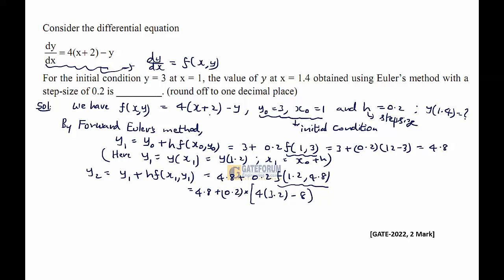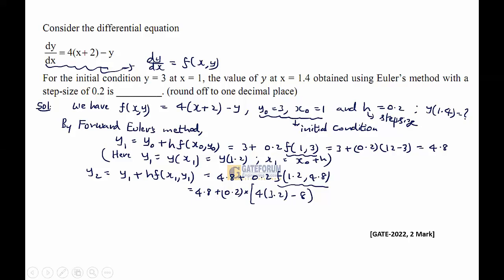4 into x plus 2, this is 4 into 3.2, minus the y value, 4.8, the y1 value. So this will be giving 12.8 minus 4.8.